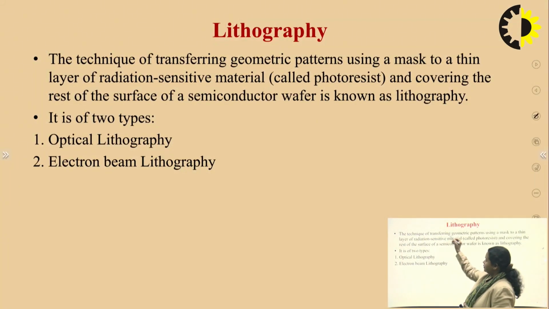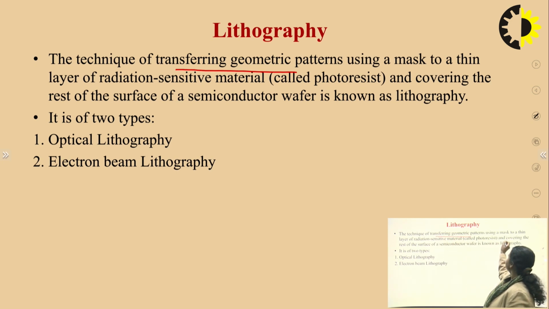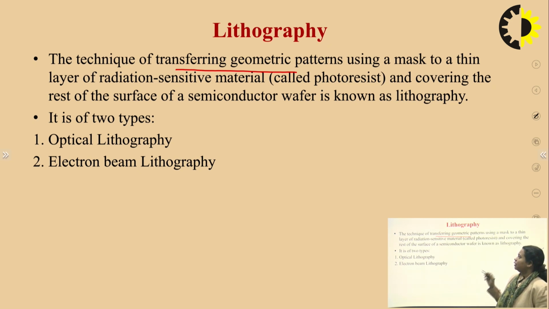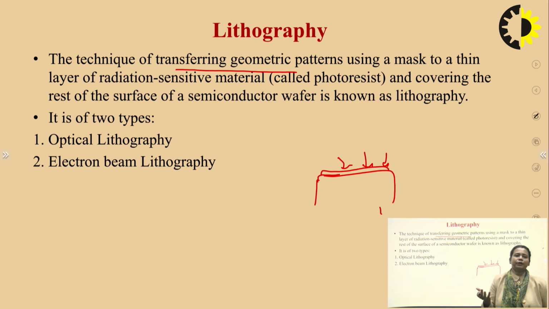So here I have mentioned, it is the technique of transferring geometric patterns using a mask to a thin layer of radiation sensitive material. Radiation sensitive material means that suppose this is a substrate and we need to transfer some kind of pattern onto it, right? So we need to make this surface capable of taking those patterns.